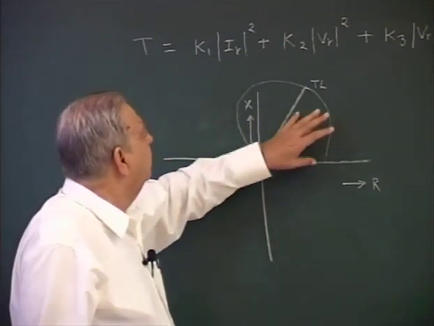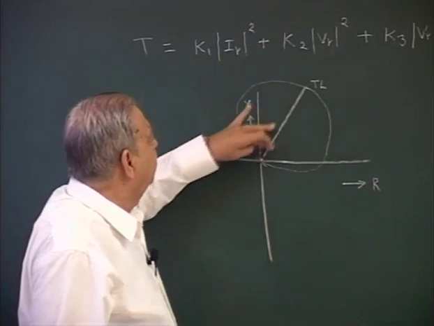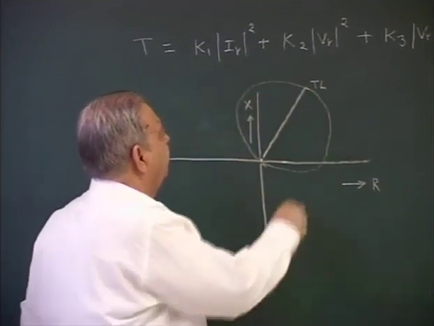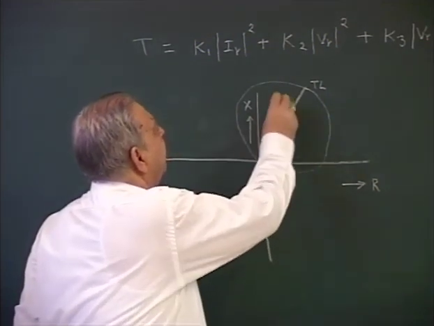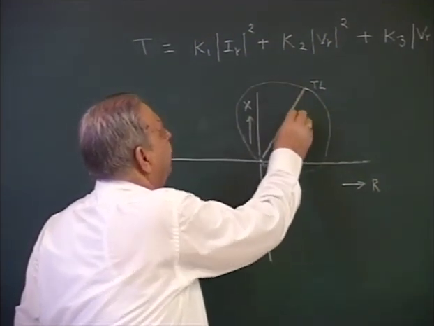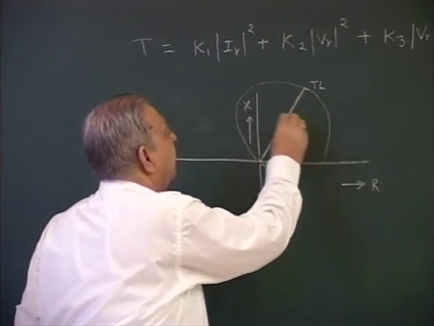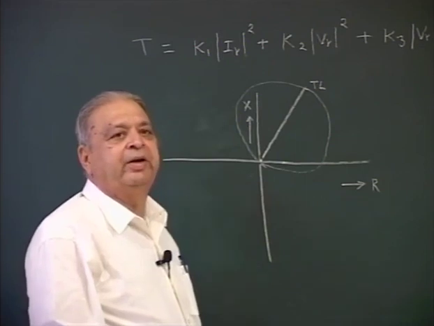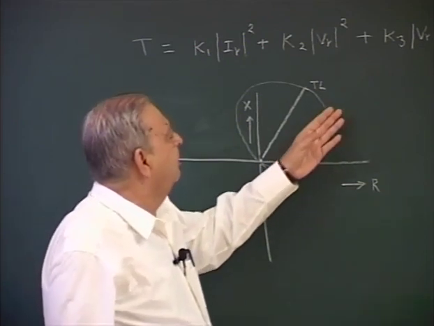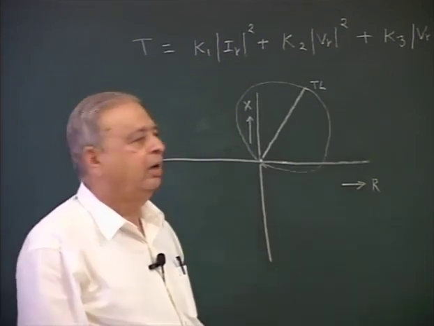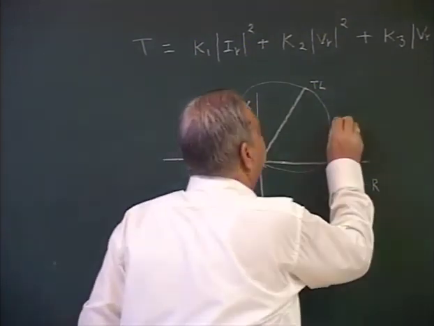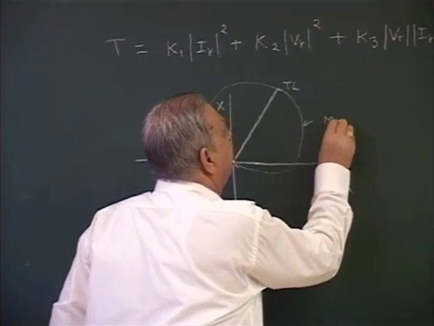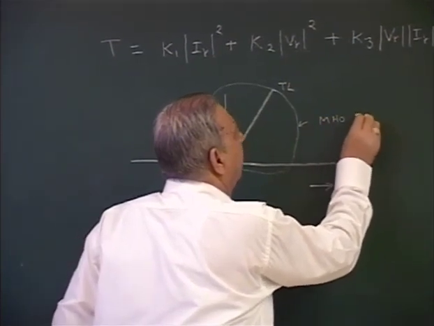This circle is a snug fit to this characteristic, which lies inside the circle, and if such a characteristic is used, the relay will operate if the fault point lies inside the circle anywhere, and it will not operate if the fault point lies outside the circle. This characteristic is known as Mho characteristic or Mho relay.